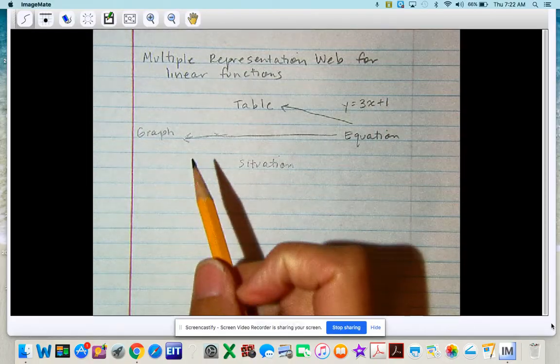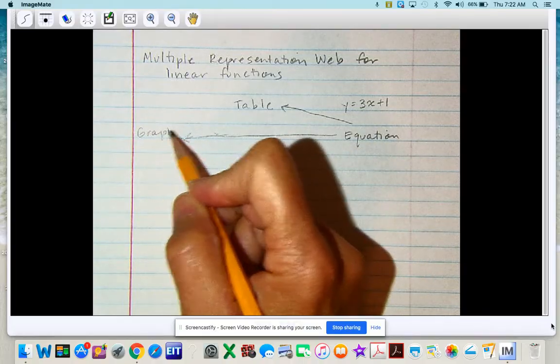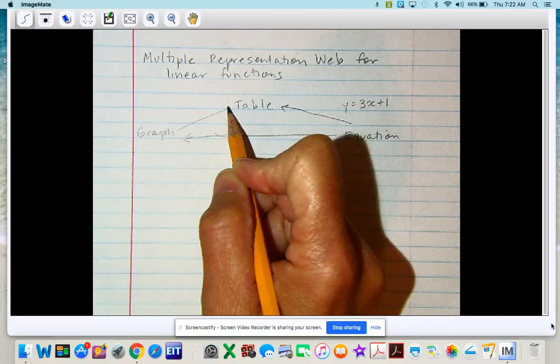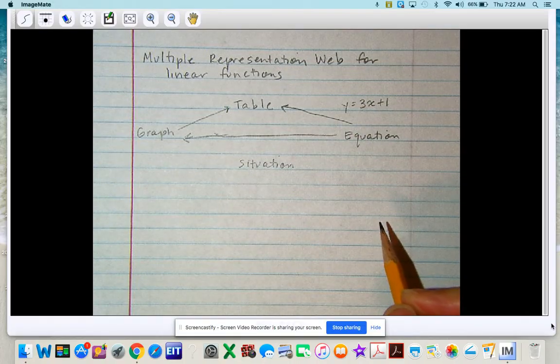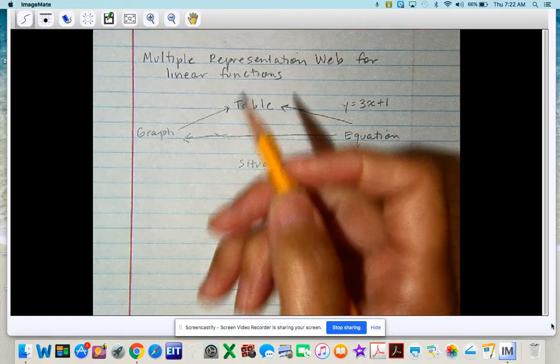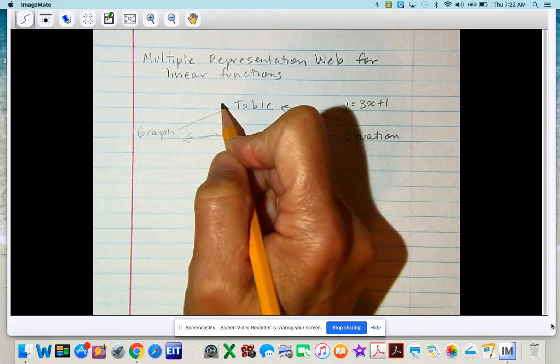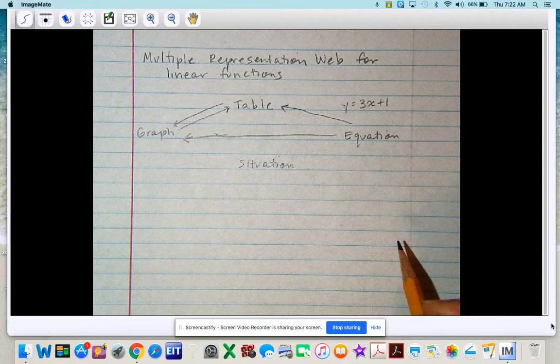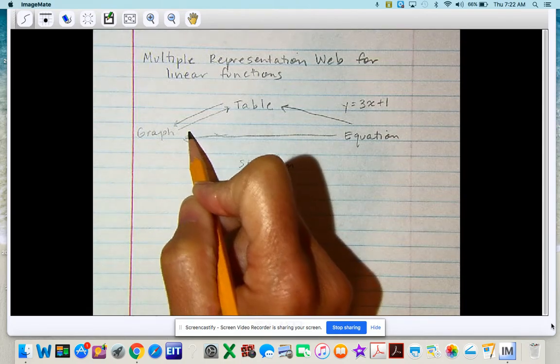Okay. If you're given a graph, can you then figure out what points you would put into a table? Okay. Given a table, could you then graph those points? Given a graph, could you come up with the equations?